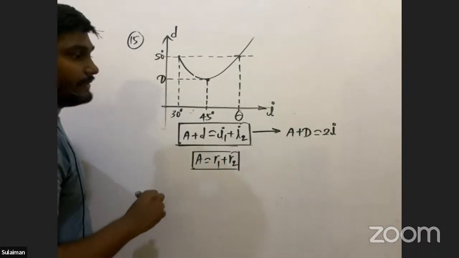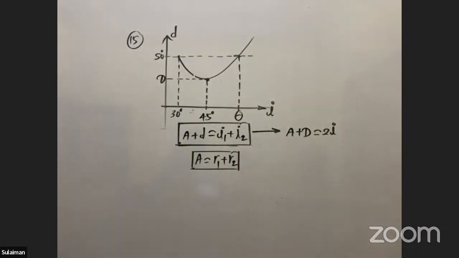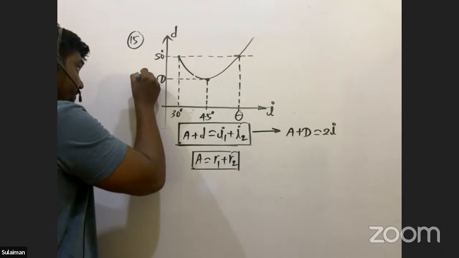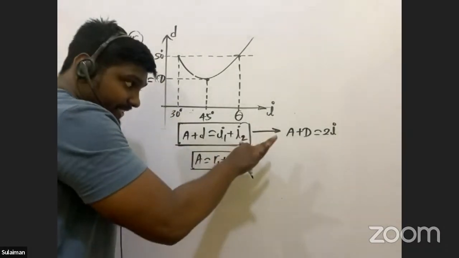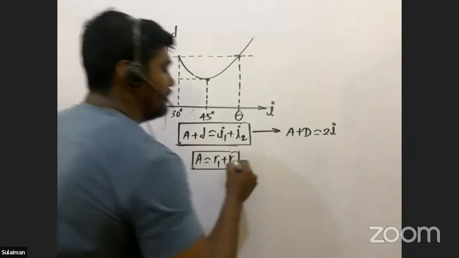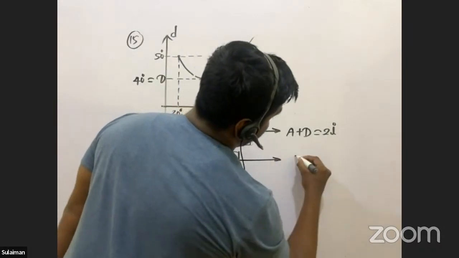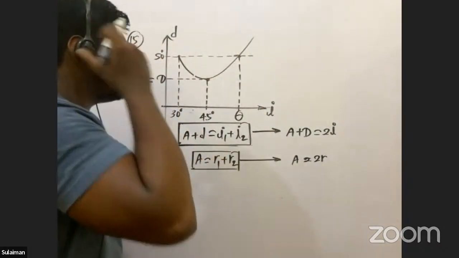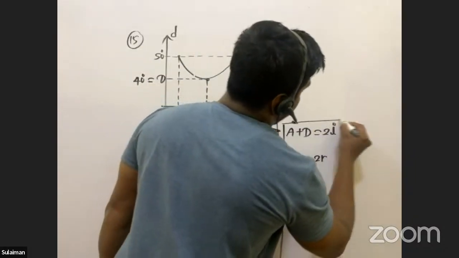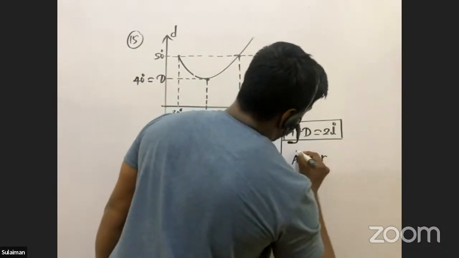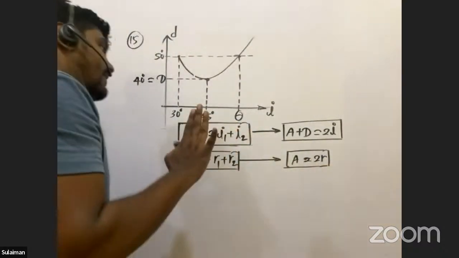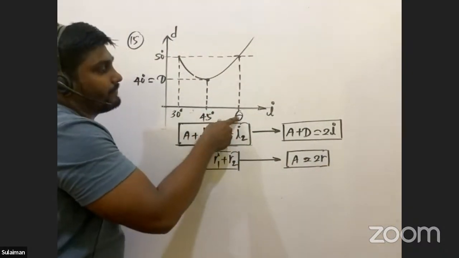Now they have given the minimum deviation also as 40 degrees. For the minimum deviation scenario, this equation will be simplified as what? Capital A equals 2r. I think all of you can remember. Then what's our goal? Actually, I want to find theta.